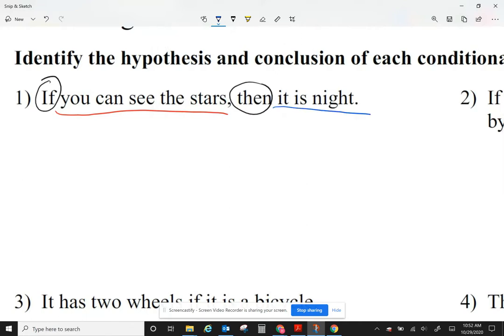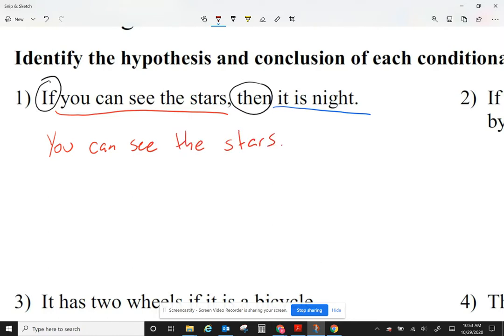For this part, I'm going to be asking you to identify the hypothesis and conclusion of each conditional statement. If I was just asking for the hypothesis, that's the if part without the word if. So the hypothesis of question number one will be you can see the stars.